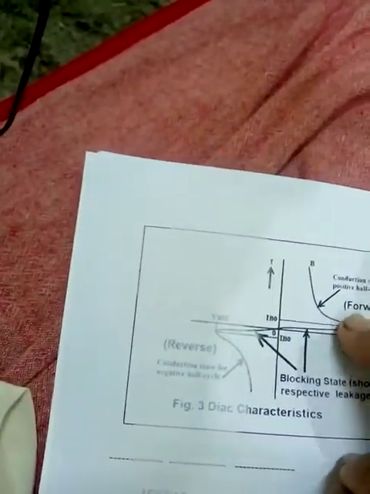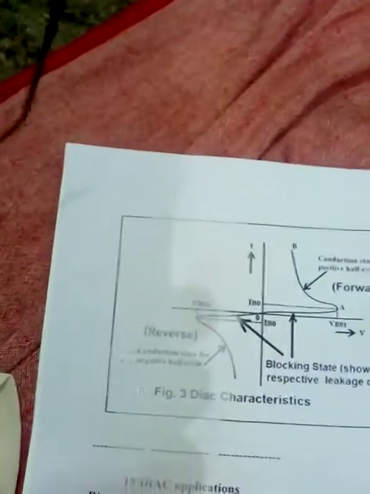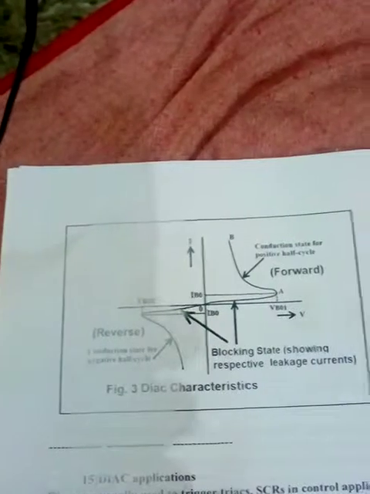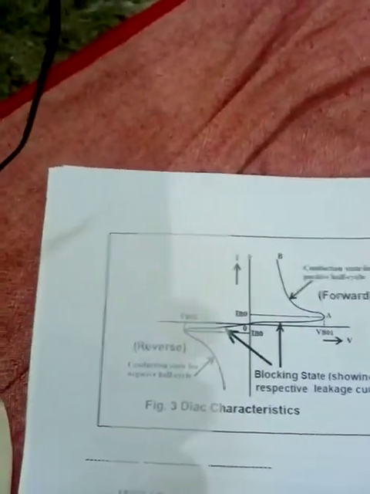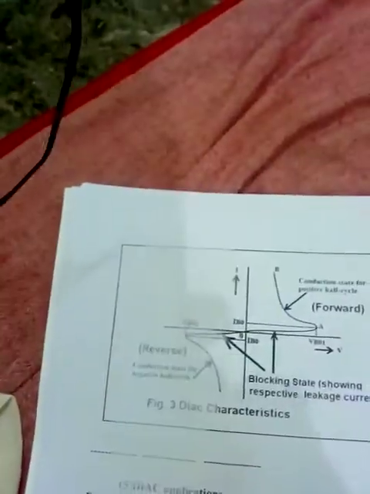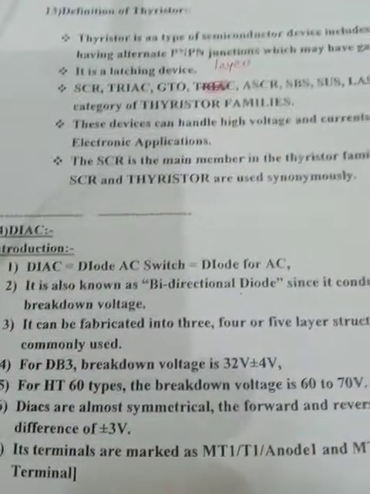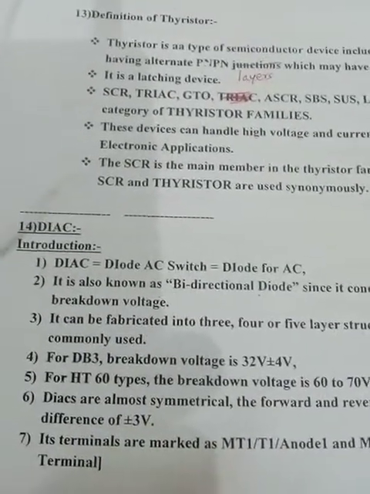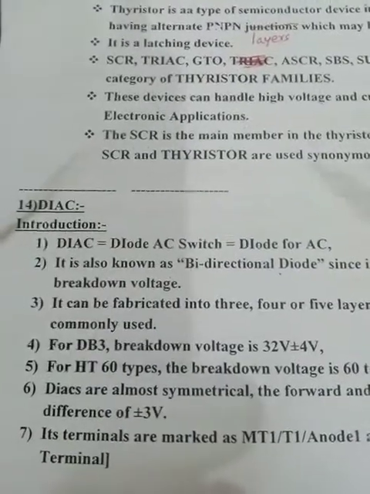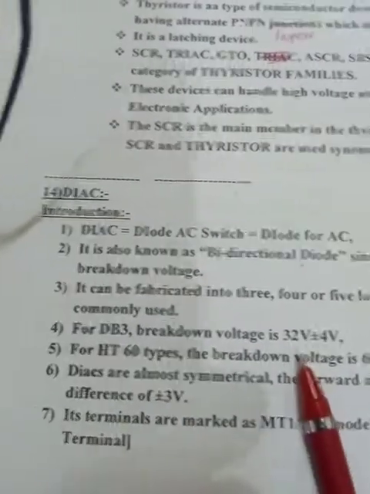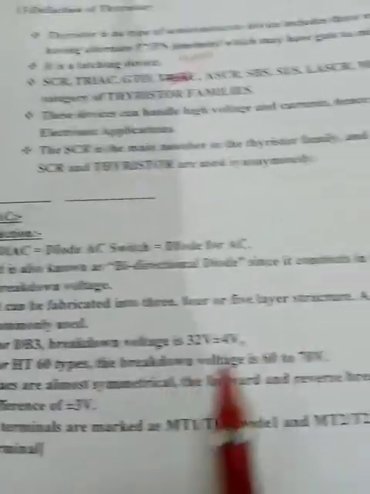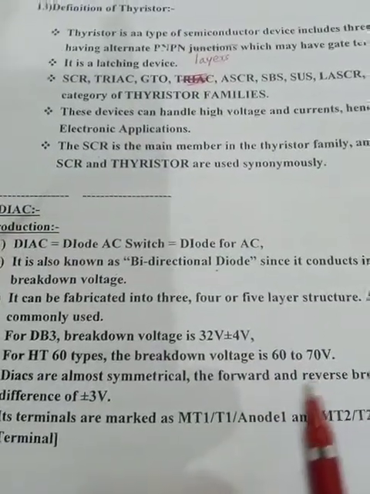Once the diac enters the conduction state, the only way to bring it to the non-conduction state is to reduce the current flowing through it below its holding current. Normally a diode has a forward breakover voltage of just 0.7 volt, but a diac needs around 30 volts. The DB3 version, another type, needs around 60 to 70 volts.